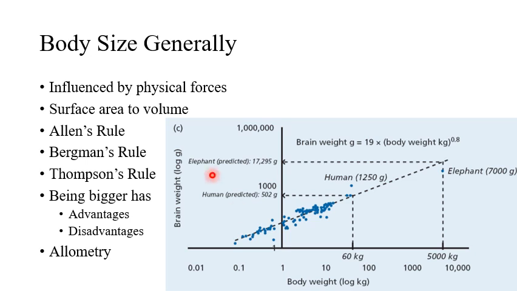Okay. So generally, when you're talking about body size, there's a science of measuring body size known as allometry, right? And it's looking at the relationship between size and mass. There's a couple different things that happen. Bone size has to increase faster than body weight to support it, right?